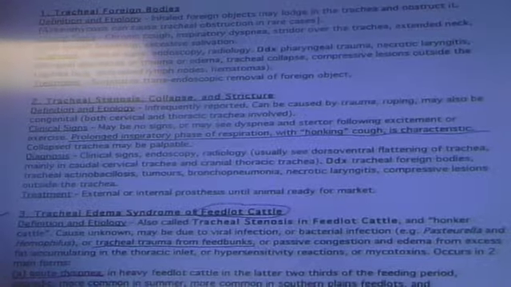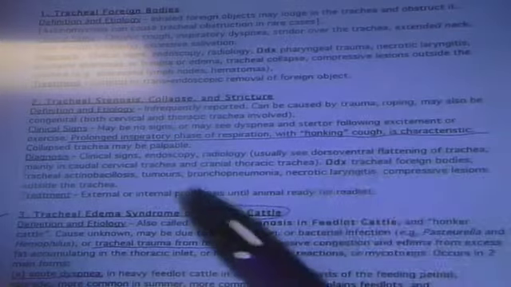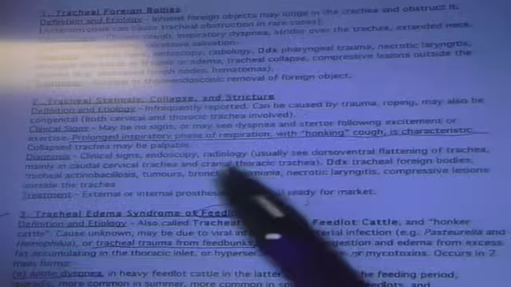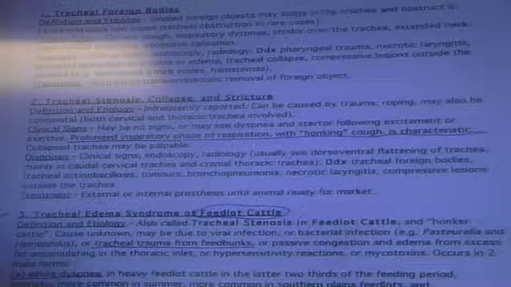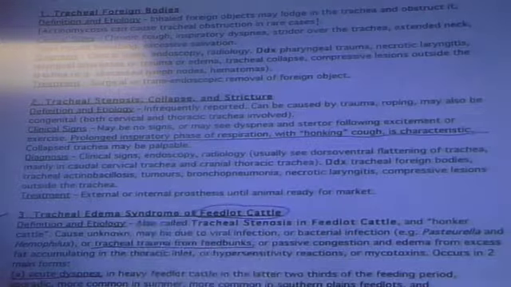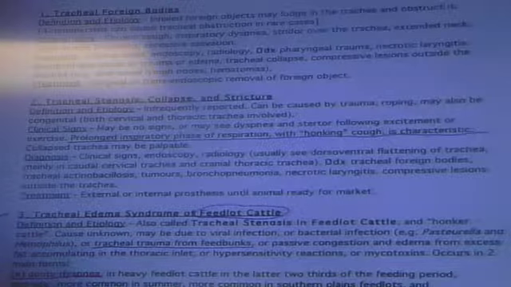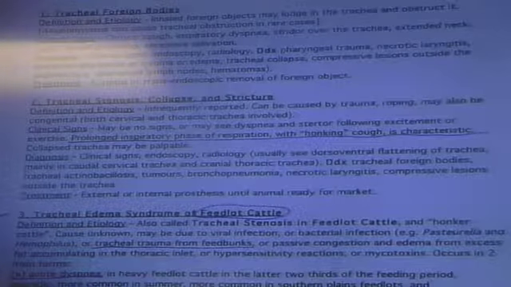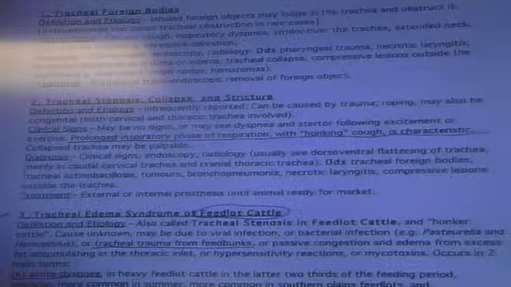Other than that, your diagnosis, again, is going to be based on endoscopy or radiology, taking radiographs. And the thing about tracheal stenosis, collapse, stricture, since it does occur in a younger animal or in a smaller animal, and there's really no cure for it.